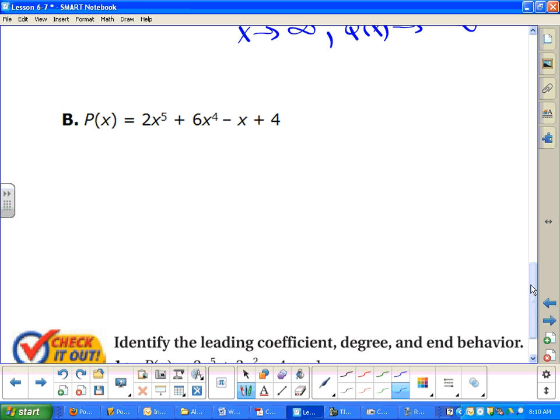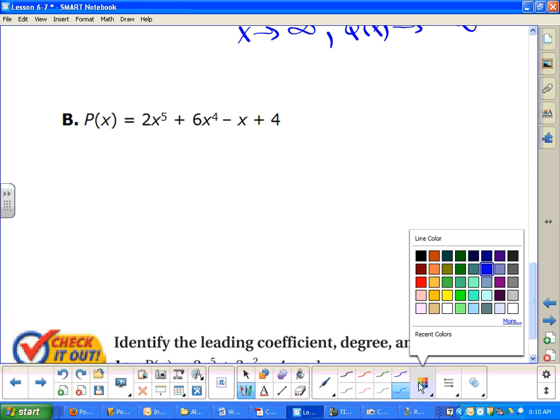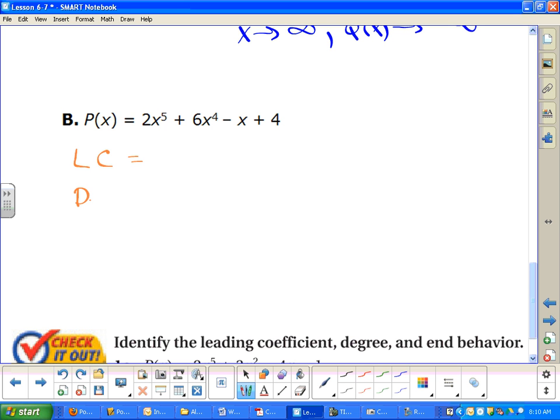Okay, so here's another one. So we want to know the leading coefficient, the degree, and then we use those two things to determine end behavior.